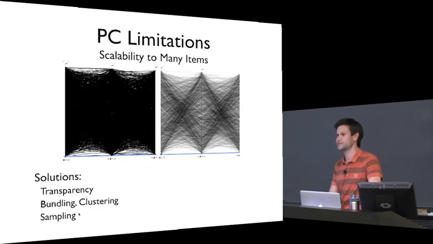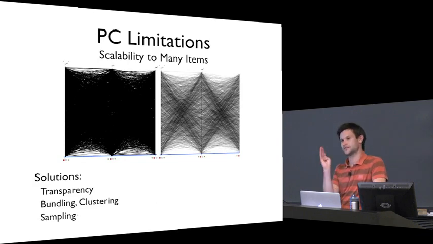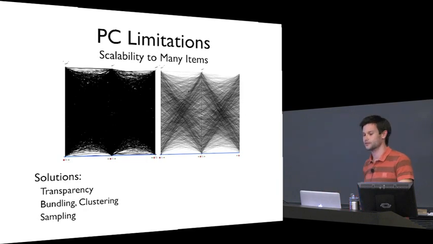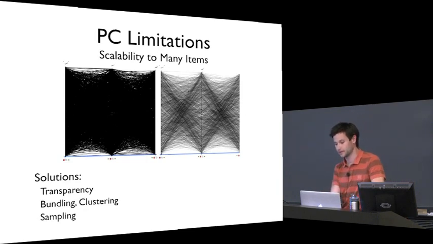And there are also more sophisticated techniques of sampling that first look at the distribution and then throw out the values. You could also cluster the data. For instance, you could cluster lines that have the same slope, and just show them as one line. That's also a very powerful way to deal with this item issue.